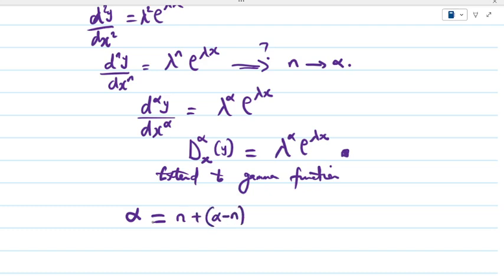And by the time we expand this, here this n is your normal standard integer, and then alpha minus n is the fractional part.